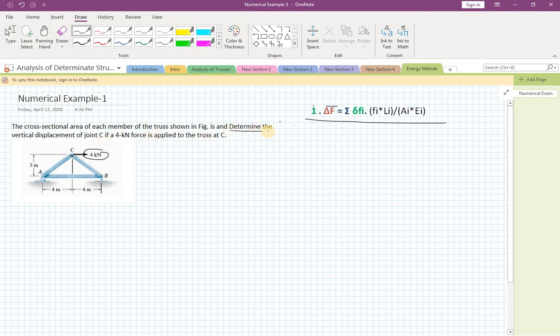He has asked us to determine the vertical displacement of joint C. Since we want the vertical displacement at joint C, we need to apply the vertical force of 1 kN at joint C. If he had asked for the horizontal deflection, I would have applied a horizontal 1 kN at joint C. So we first have to see where the deflection is and in which direction it has been asked, and in the same direction we apply 1 kN.